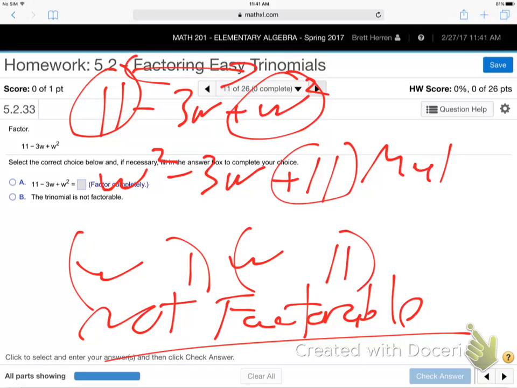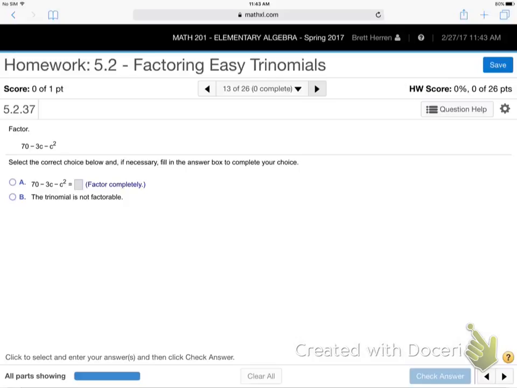All right. It can be a little confusing, so let's try this one. We have 70 minus 3c minus c squared. What's the first thing we need to do? Yeah, rearrange it. Put it in the right order. Now remember, this one's more tricky. When you rearrange them, take the sign in front of them.